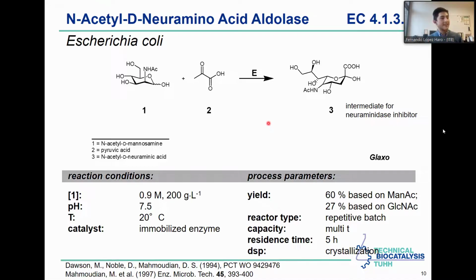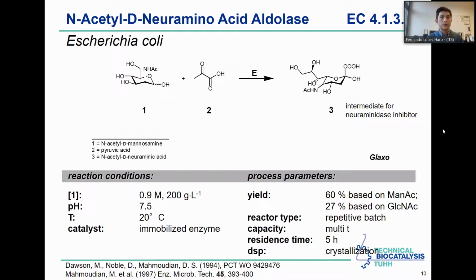And it is a really interesting reaction, the way it can incorporate the pyruvate molecule into a single product without the need for cofactors or any other molecules that would generate side products.